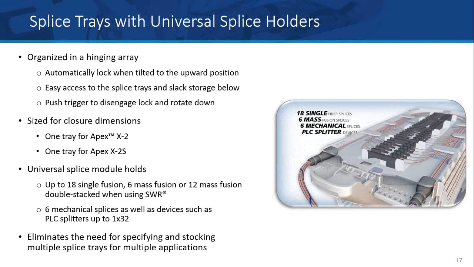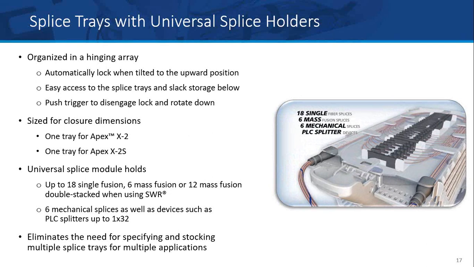So the splice holder is really my favorite thing about the closure outside of the sealing. That's why I put it in this order. So the universal splice holder, it's an overmolded rubber on top of a hard plastic substrate that snaps mechanically into the tray. So that overmolded rubber is very snug, and it holds both single fusion, that's 40 millimeter, 60 millimeter.